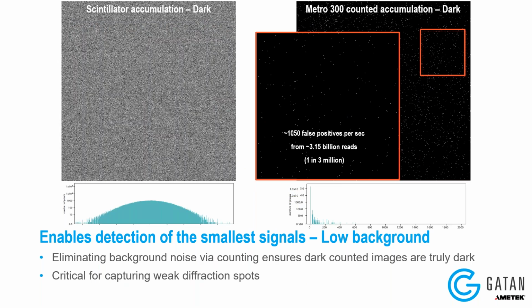So the other 2,999,999 times, it gets it right, that there's no electron in the pixel. So it's an extremely precise and accurate algorithm that is excluding almost all of the readout noise from the sensor and giving you a very dark image. And this is, again, critical for capturing weak diffraction spots.